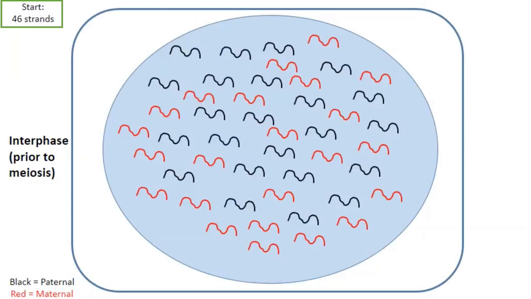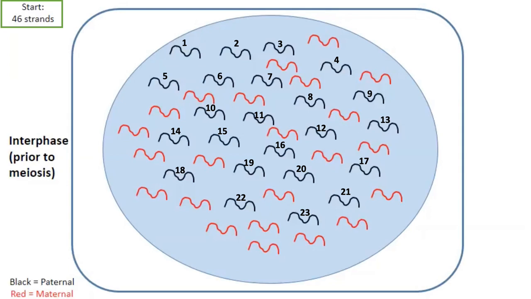And if we do a quick count, we find 23 strands of DNA in black, and here the black color represents the paternal DNA, the DNA that you inherit from your father.